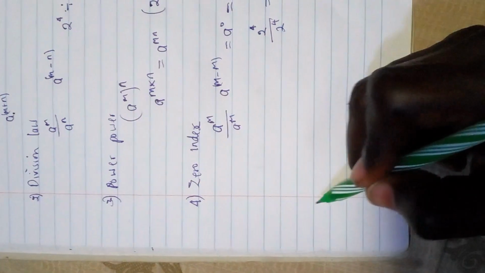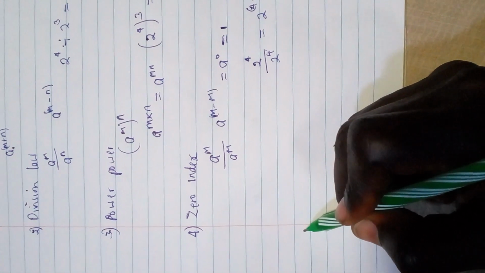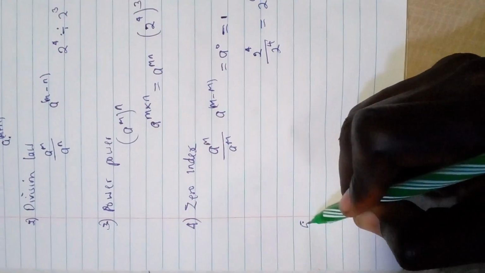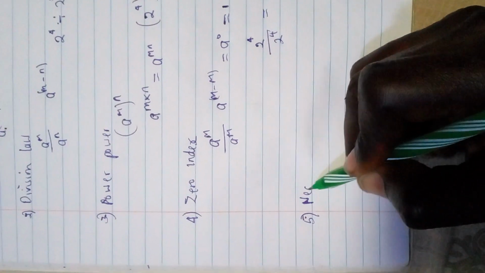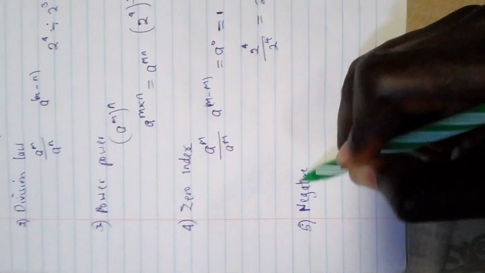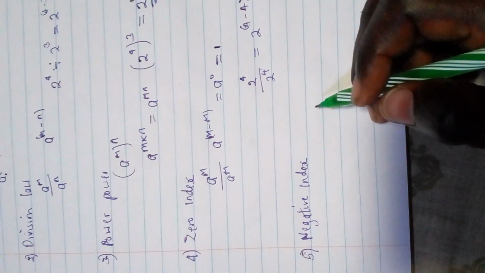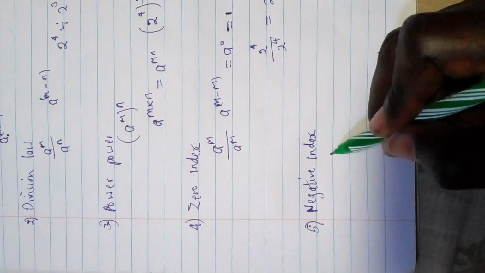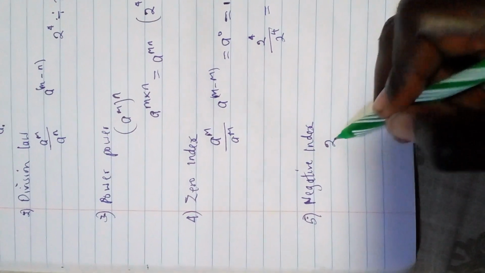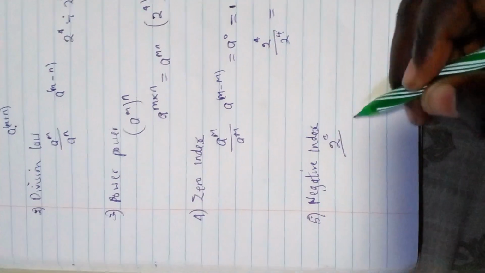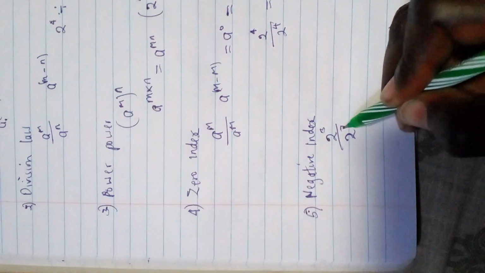Okay, let us move to the last part of it, part number 5. We have the negative index. Another example, let me use 2 directly: 2 raised to power 3 over 2 raised to power 7.